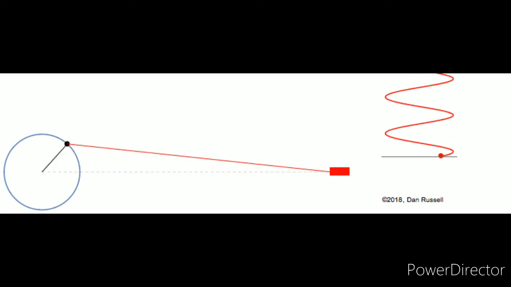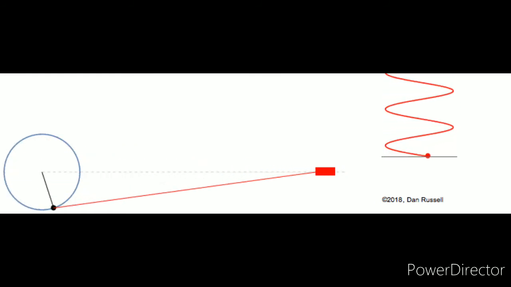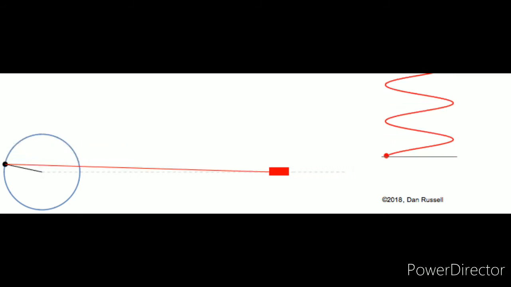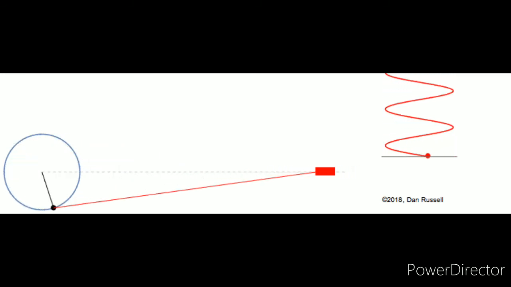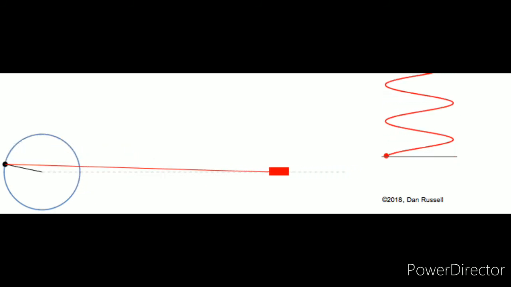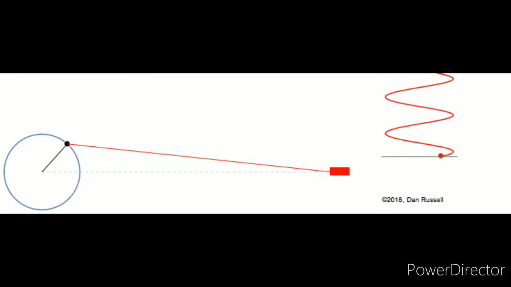The next one we have is non-periodic motion. What happens here? It is repetitive motion that does not occur at regular intervals of time. So here repetition occurs, but the time interval is not the same as in periodic motion.